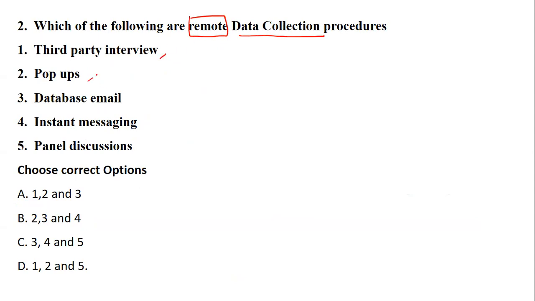Third party interview, pop-ups. Pop-ups is nothing but an online form of process, database email, instant messaging, panel discussion. So which of these stands to be a remote data collection procedure? Please try to understand: when we have the question in front of us, the question is talking about remote data.